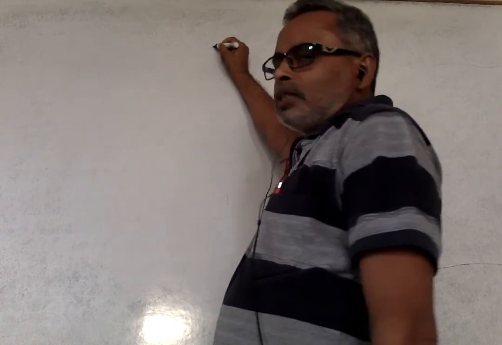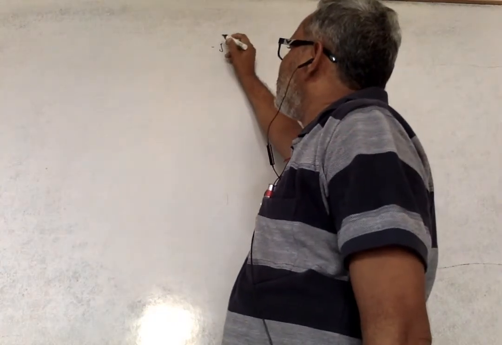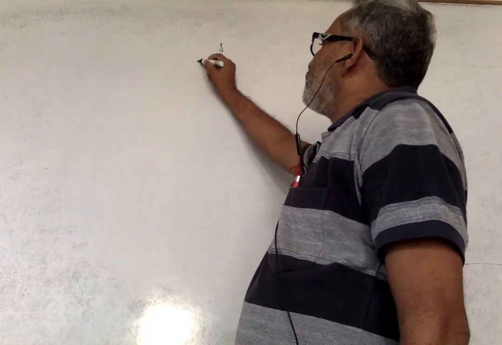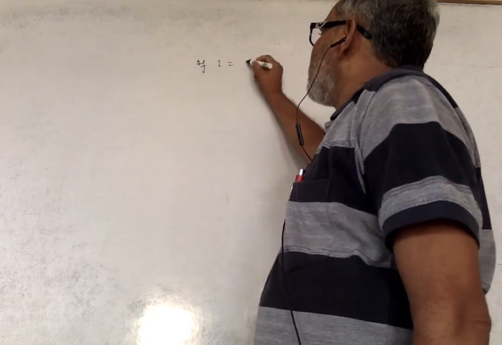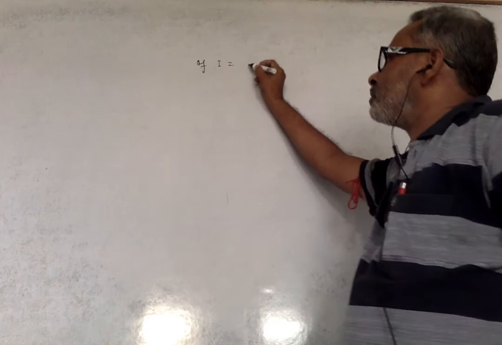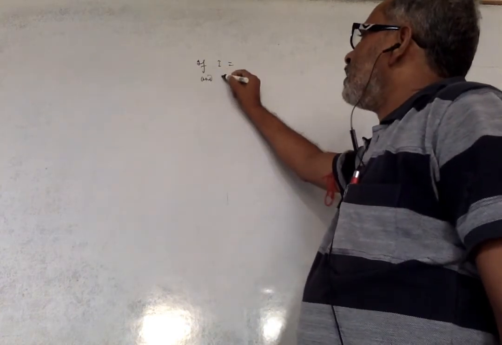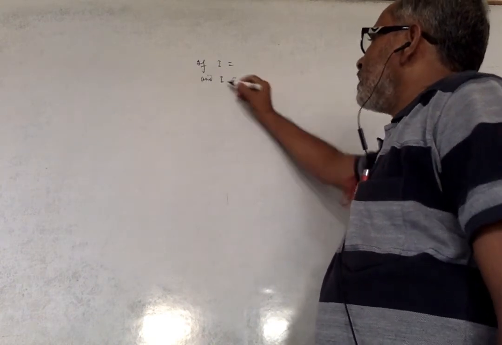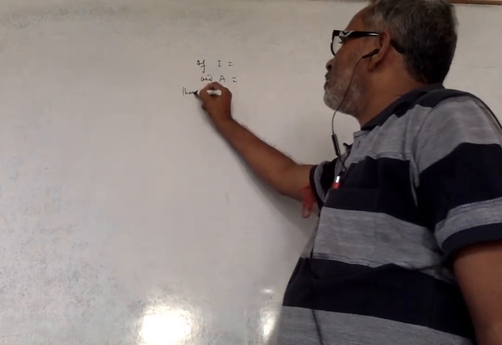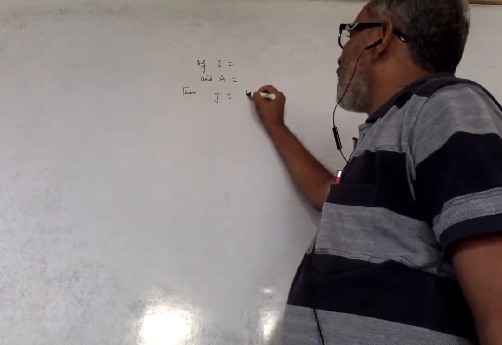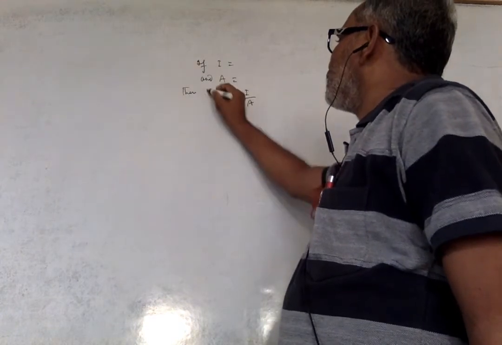It is generally denoted by J. If I equal to current flowing through the conductor and A equal to cross sectional area, then J equal to I by A.